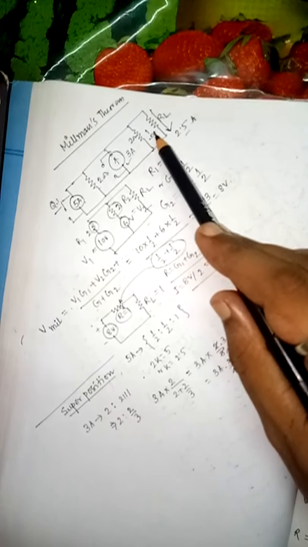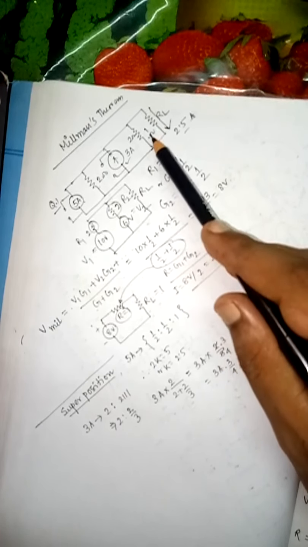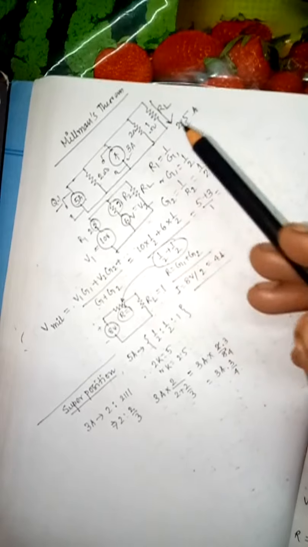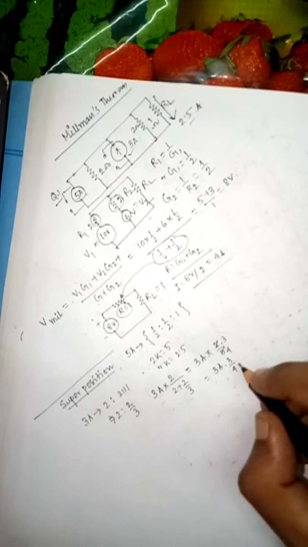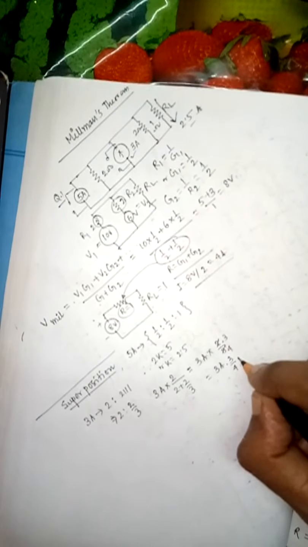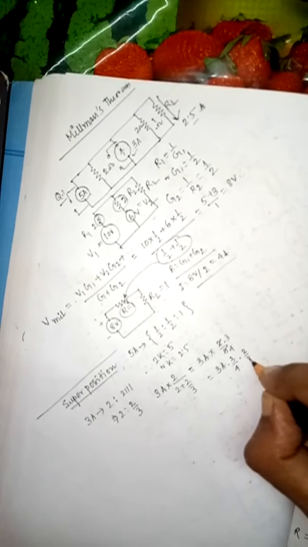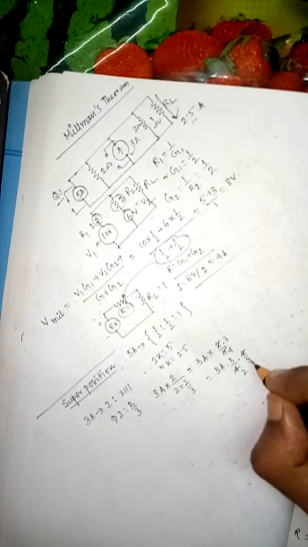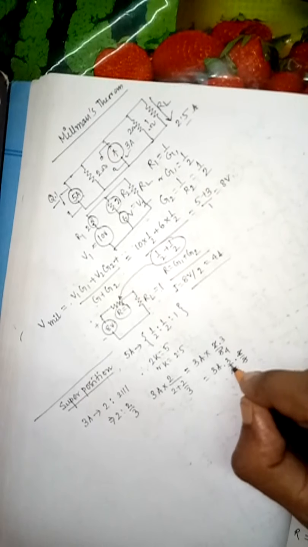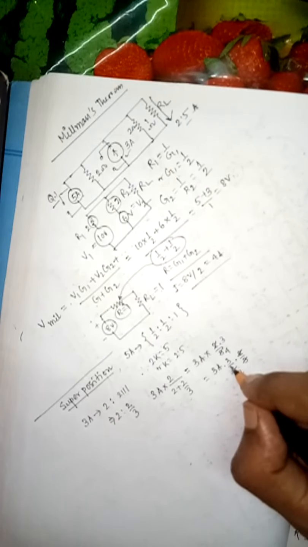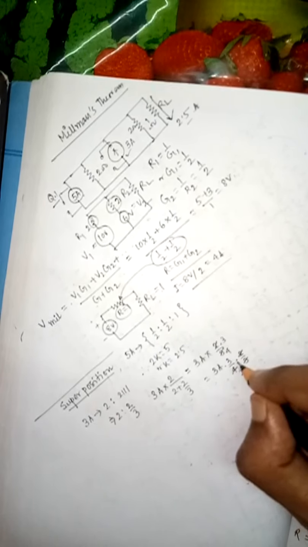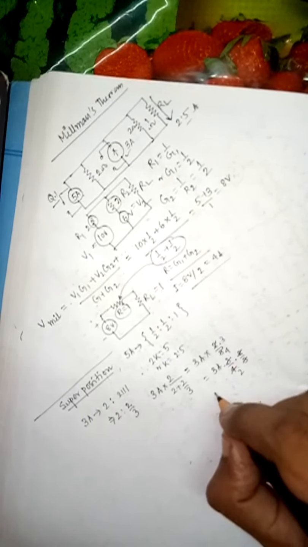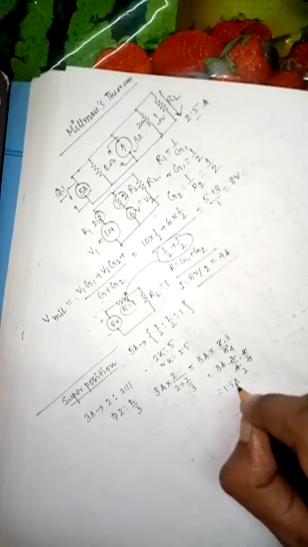So 1/3 will pass through the other. So 2/3 of this is 1.5 ampere.